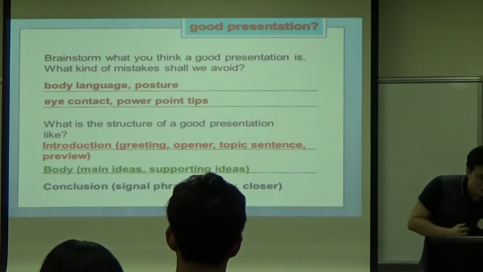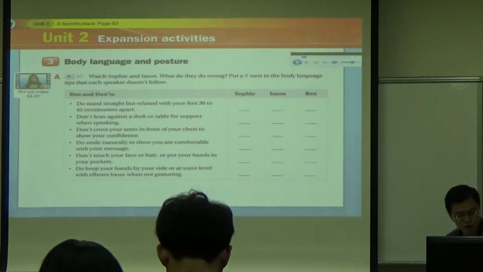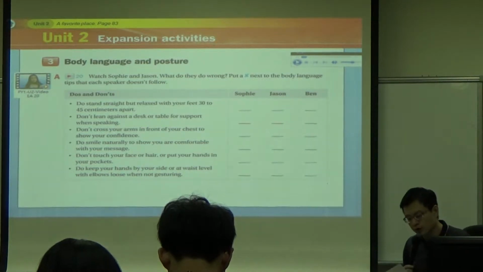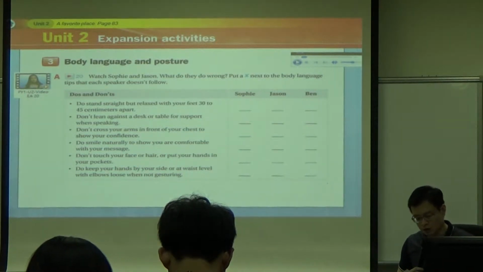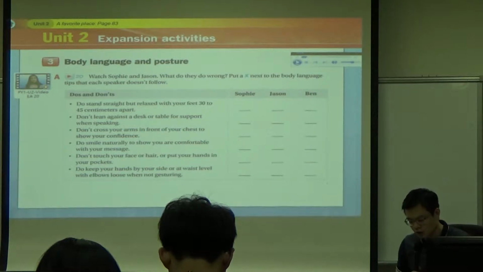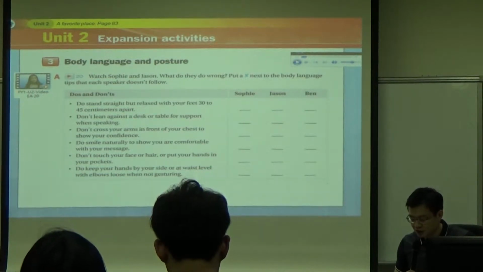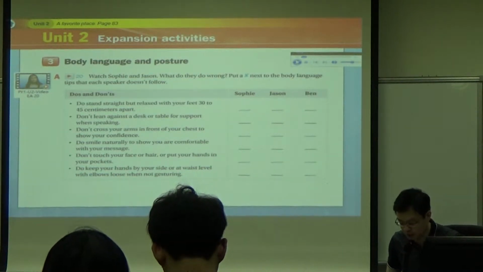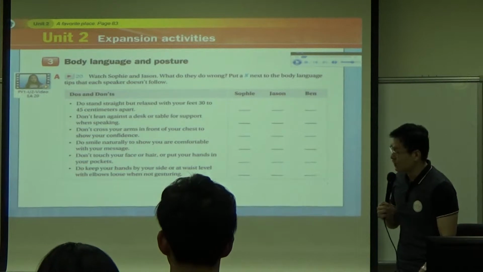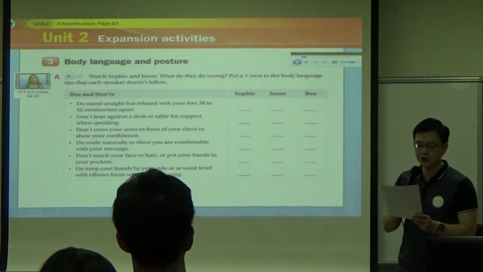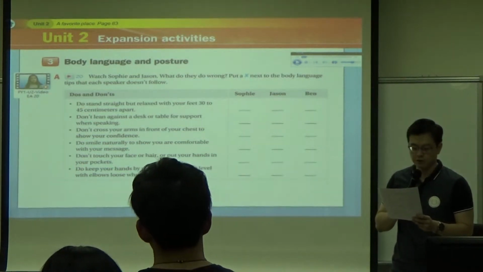Okay? So next, we're going to watch a film. In the film, let's take a look at the following chart here. Watch Sophie and Jason. What do they do wrong? Put an X next to the body language tips that each speaker doesn't follow. So here are some do's and don'ts.